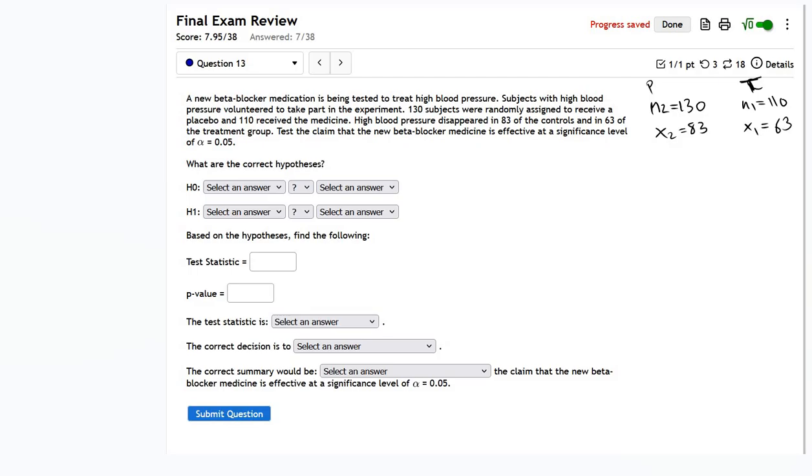Test the claim that the new beta blocker medicine is effective at a significance level of 0.05.